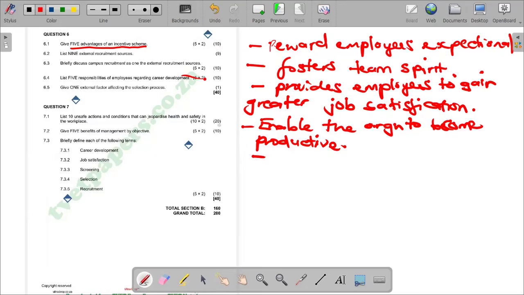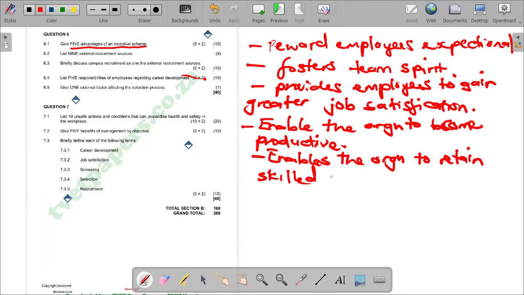And it also enables the organization to retain skilled and trained employees.